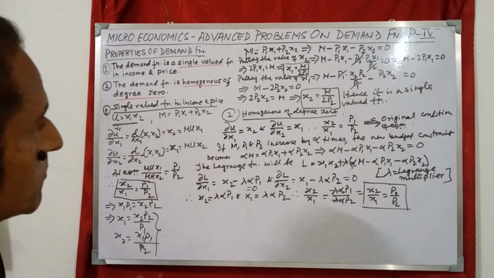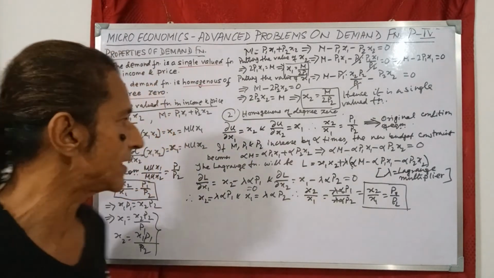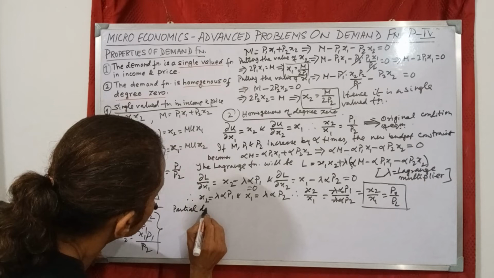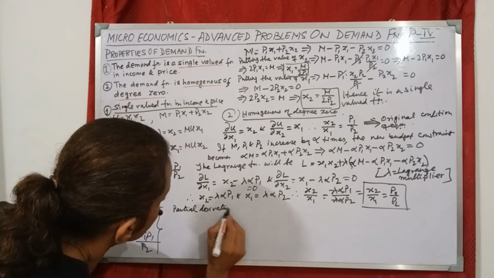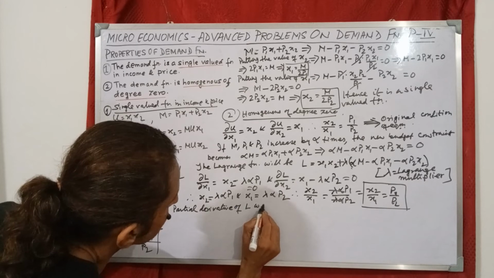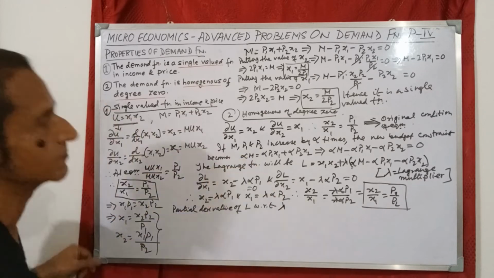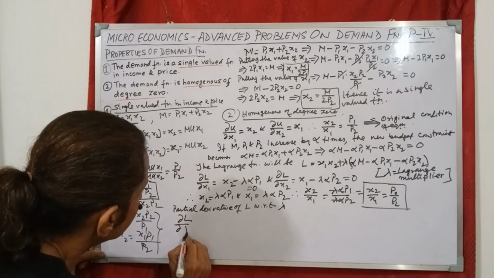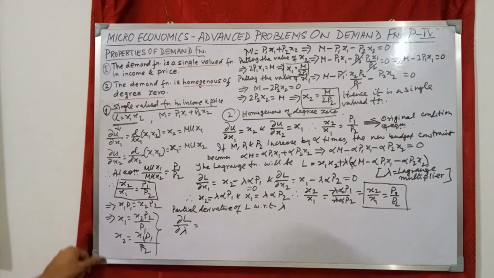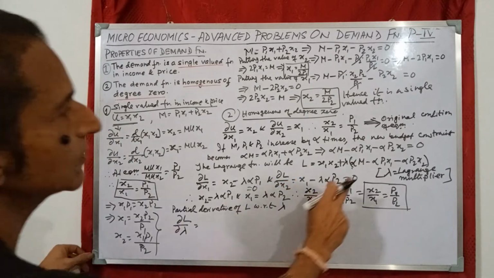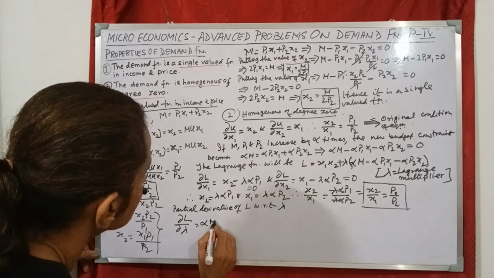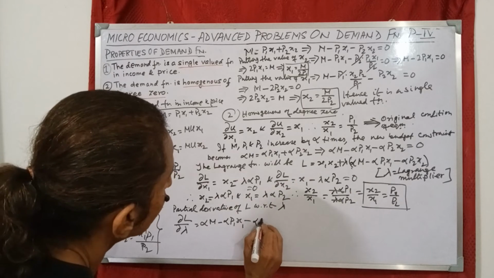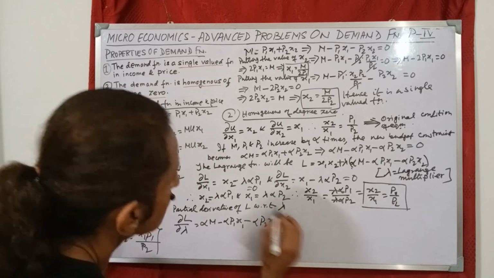Now we shall take the partial derivative of L with respect to lambda. What we get is del L by del lambda equals alpha m minus alpha p1 x1 minus alpha p2 x2 equals 0.